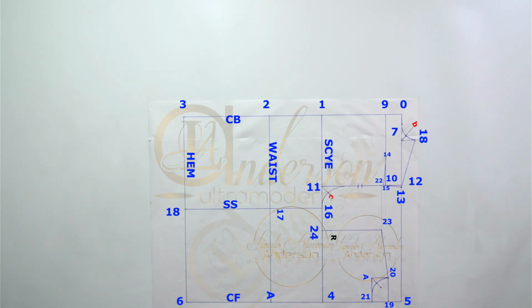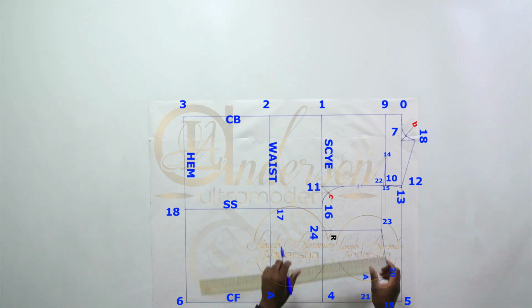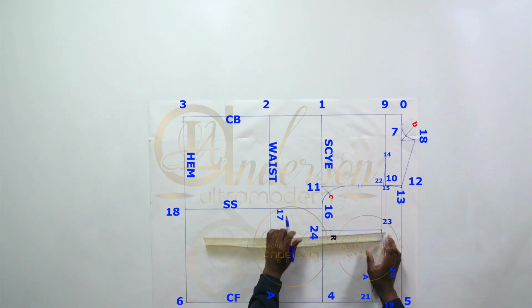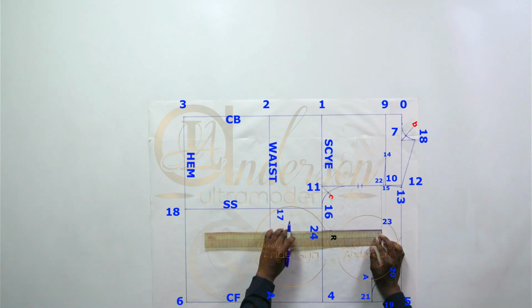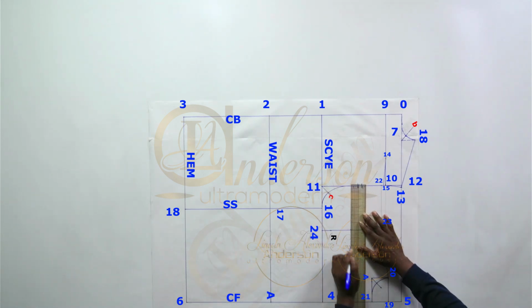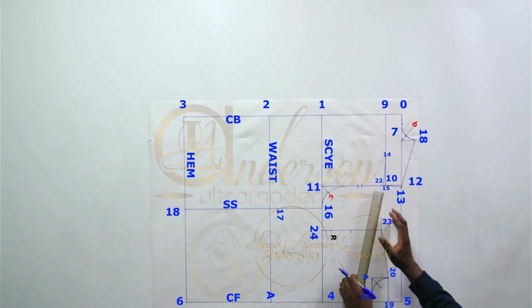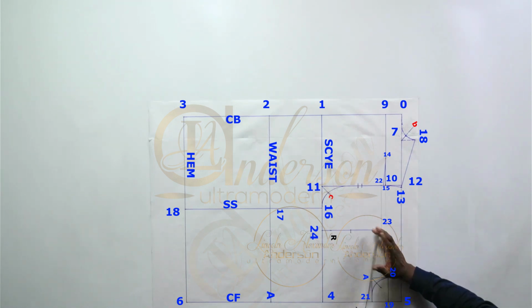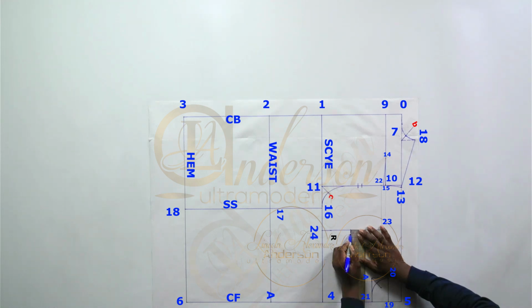And we're going to find the midpoint between R and 23, and we're going to make a dot. And we're going to square in 3/8 from that dot.